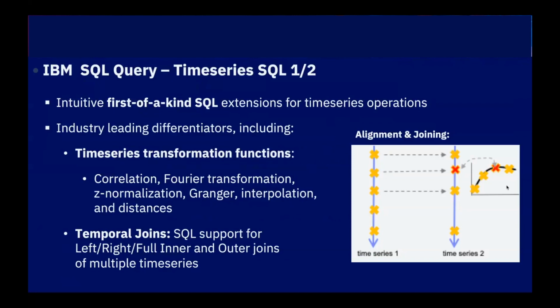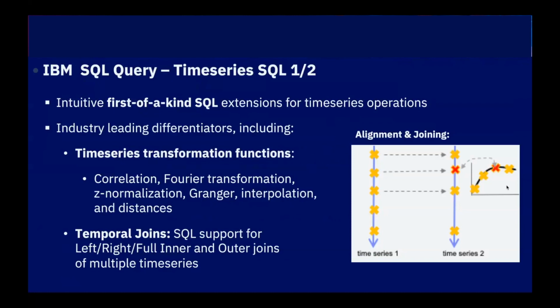Now, the challenge with handling time series is, if you want to analyze those and derive insights from them, you very often want to compare time series, right? So you want to group up time series, put them into the same bucket and do aggregated analysis on top of that. How can you do that? Well, you need to put different time series into lockstep. How can you correlate or even join a measurement from this device with a measurement of that device if they have their own completely separate measurement cycle?